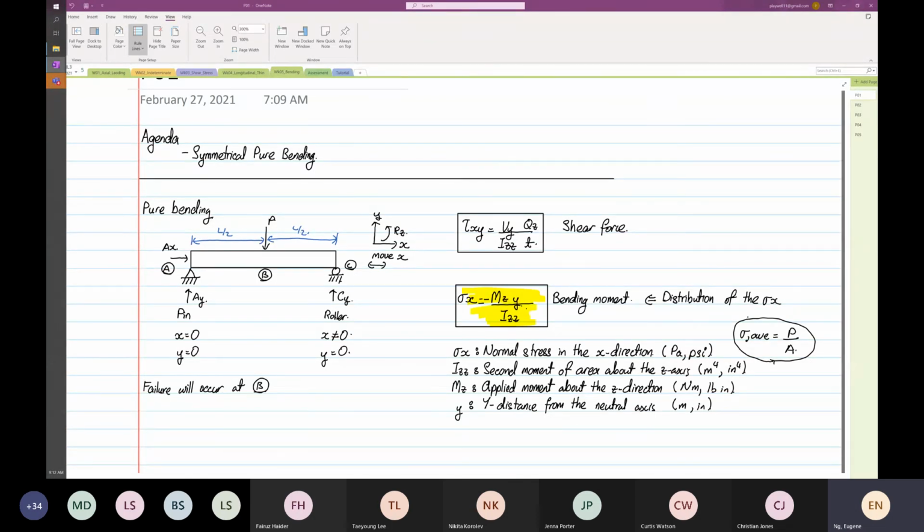Likewise, when we were doing the shear force, we were also calculating the distribution of the shear in XY direction.